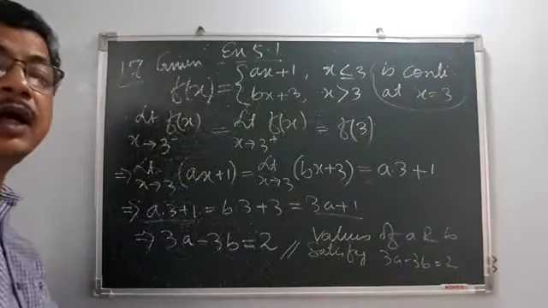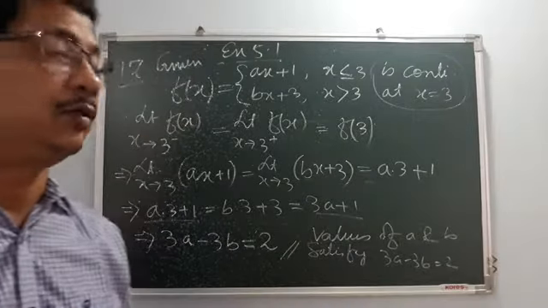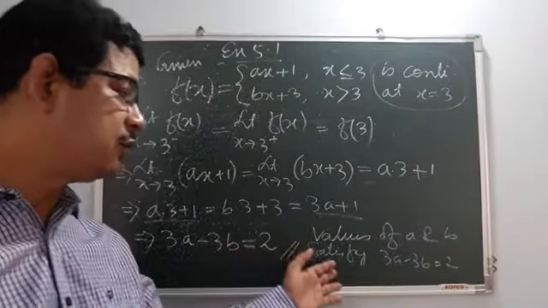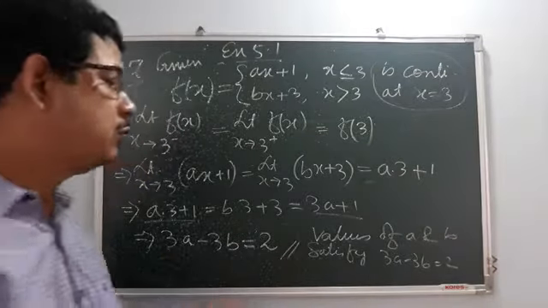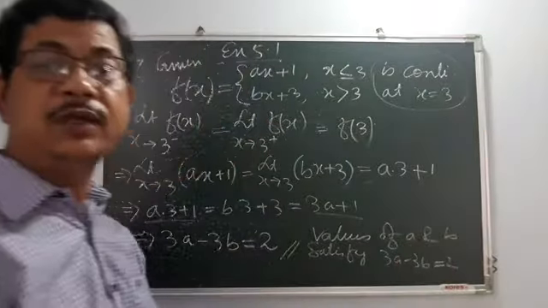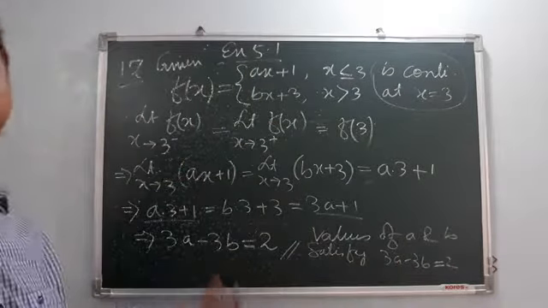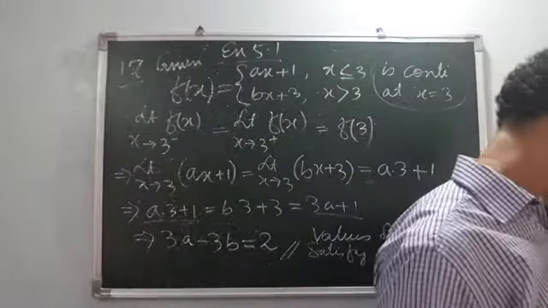In a question, they may ask find the relation between a and b, or they may ask find the values of a and b. If they ask find the values of a and b, you have to say that it is the values of a and b for which this condition is satisfied. Or if they ask find the relation, then you stop it here. So this is our question number 17.